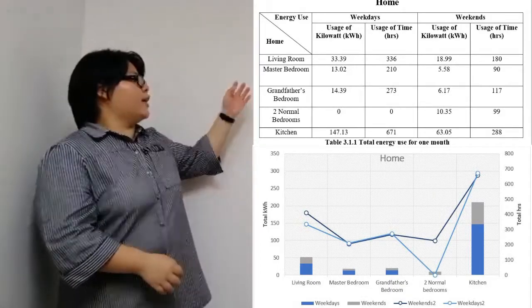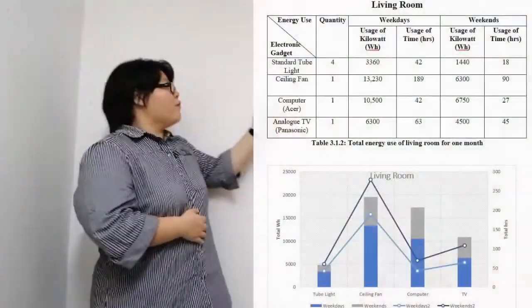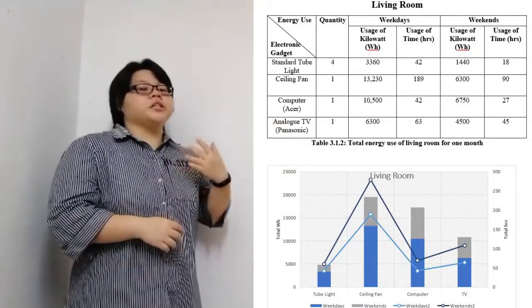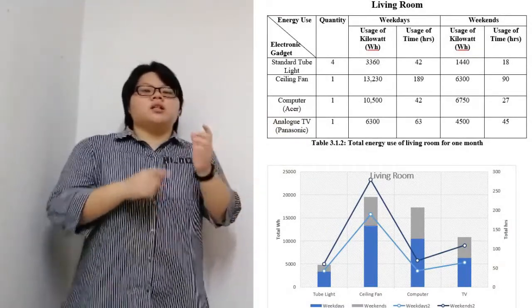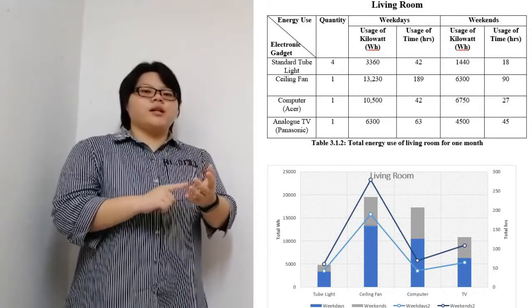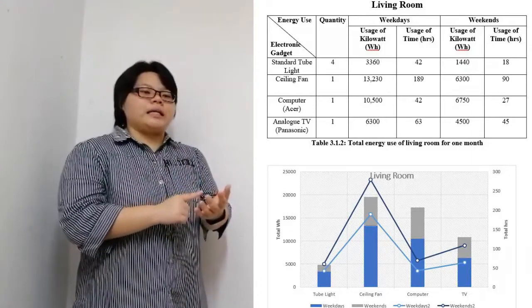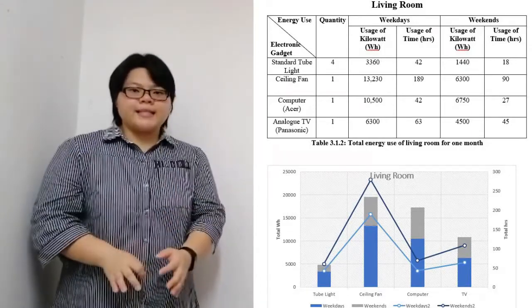Next one is the living room. The graph shows the highest energy use of living room is the ceiling fan, which is 13,230 watt hour and 189 hours for the weekdays.